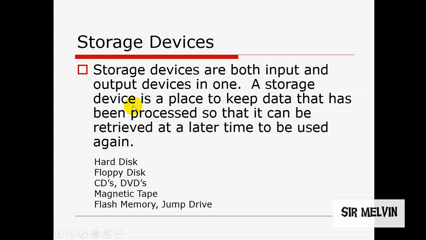A storage device is a place to keep data that has been processed so that it can be retrieved at a later time to be used again. The examples are the hard disk, floppy disk, CDs or DVDs, magnetic tape, and flash memory or the flash drive.